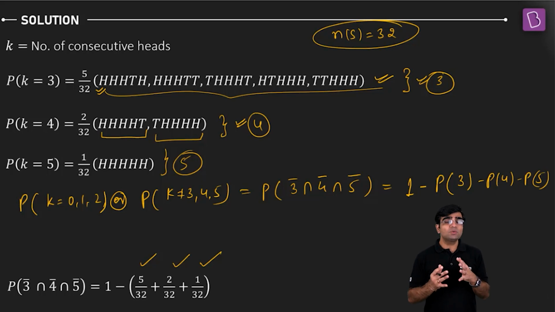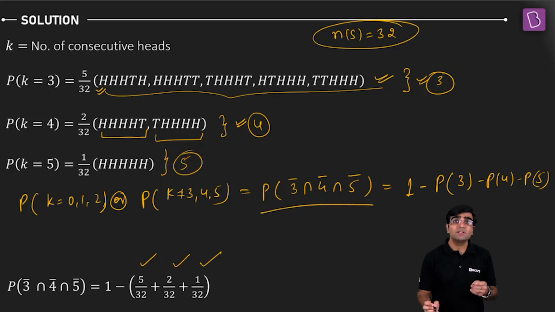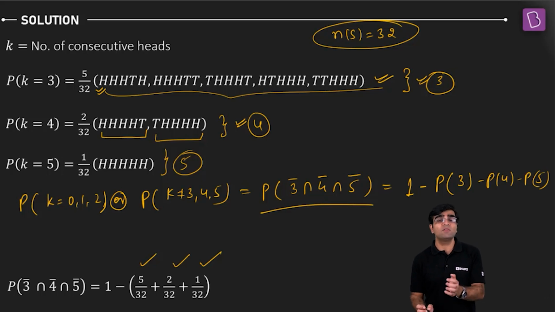Now, I want to know the probability for the other 3 cases also. That is when I have 0 heads, 1 head or 2 heads. That is equivalent to saying I want the probability when k is not equal to 3 or 4 or 5. Which I can also call the probability of not happening 3 consecutive heads, and not happening 4 consecutive heads, and not happening 5 consecutive heads.